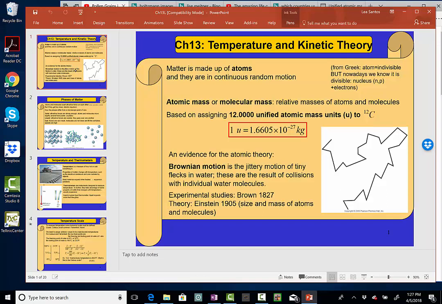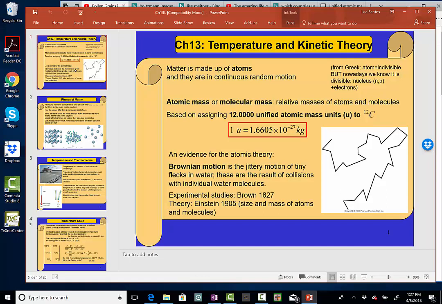And it was Einstein who did the theory for the experiment in 1905. 1905 is the miraculous year for Einstein. That's the year where he published four outstanding papers. One was this one about the Brownian motion, one was about the photoelectric effect, and two about relativity.